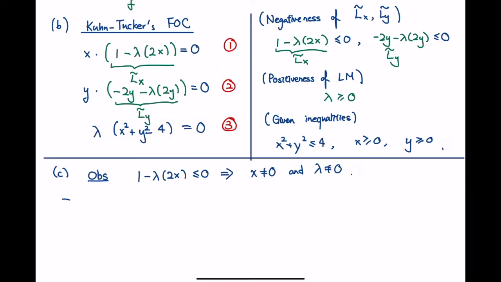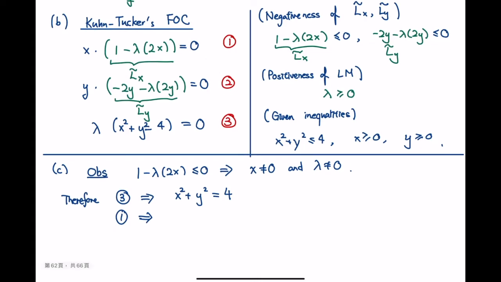So therefore, equation 3 implies x squared plus y squared has to equal 4. And using a similar argument, because I know that x cannot be 0, the other bracket has to be 0. So 1 minus lambda 2x equals 0.